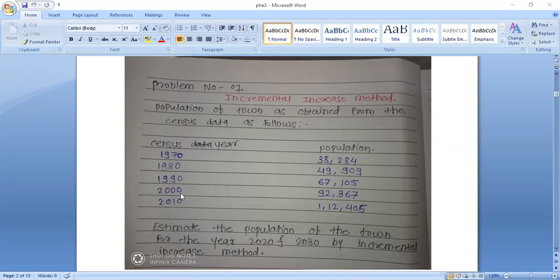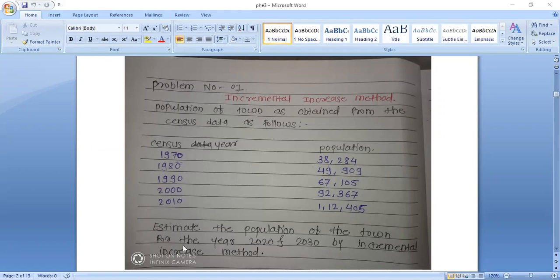Then after 10 years, the population in 2000 is 92,367, and in 2010 the population is 1,12,405. That is, in this problem we have been given the population at 10-year intervals. The 10 years means 1 decade.